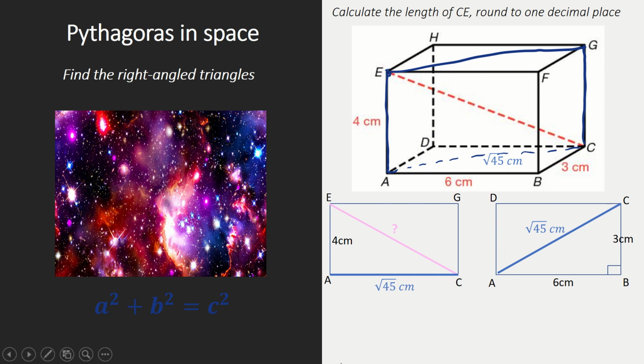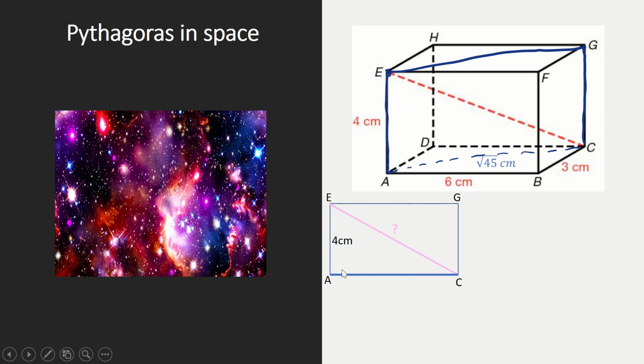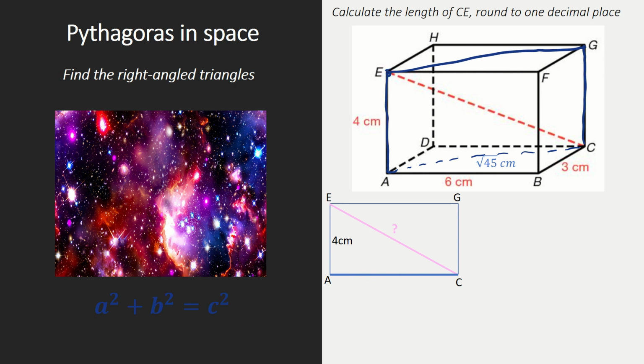Now we know 2 measurements. So therefore, we can use the Pythagorean theorem to calculate EC, since this is a right angle because of the property of a rectangle. Alright, so a squared plus b squared equals c squared, or short edge squared plus short edge squared equals long edge squared.